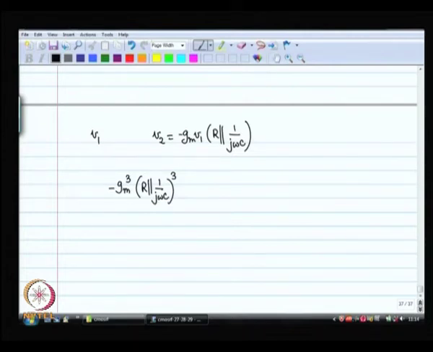All right. So, this is my loop gain, and I would really like to convert this R parallel 1 by SC. R parallel 1 by SC is R times 1 by SC divided by R plus 1 by SC, which happens to be equal to R by 1 plus SCR. Okay.